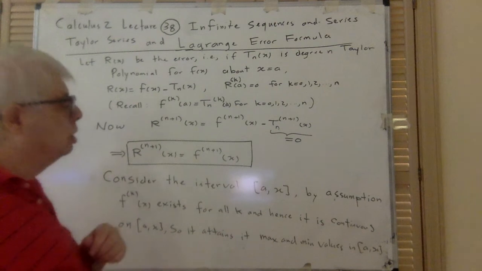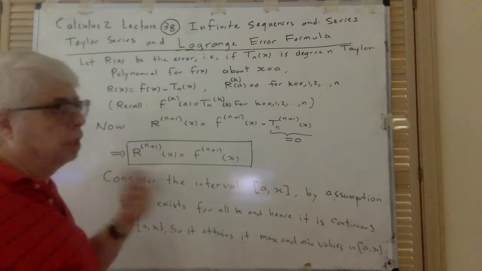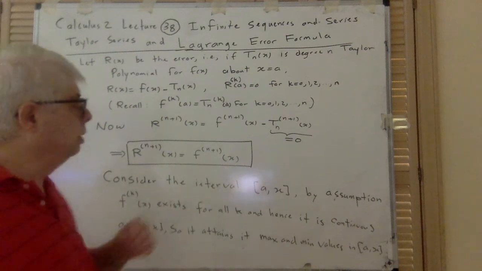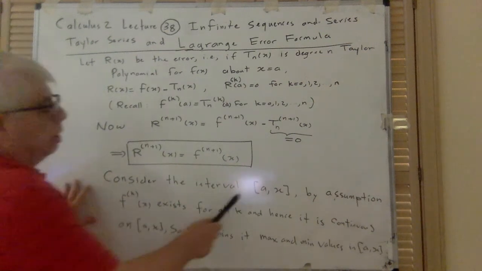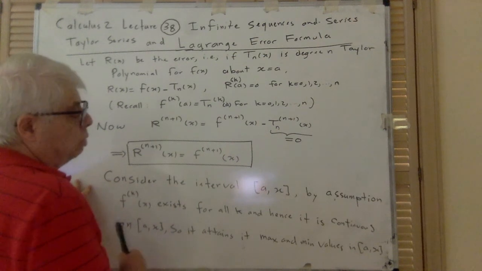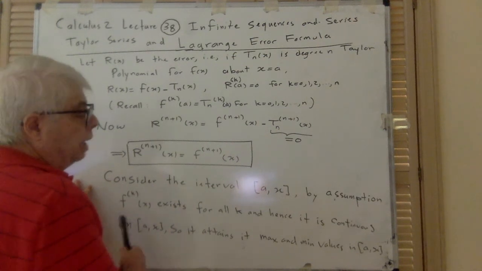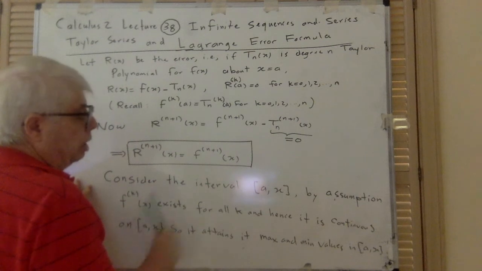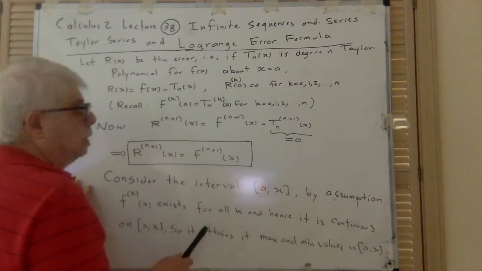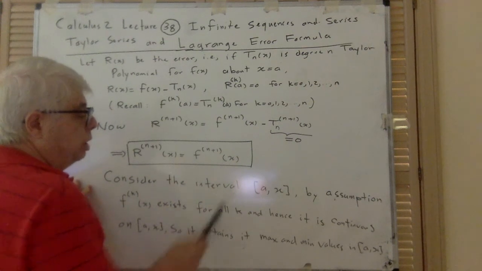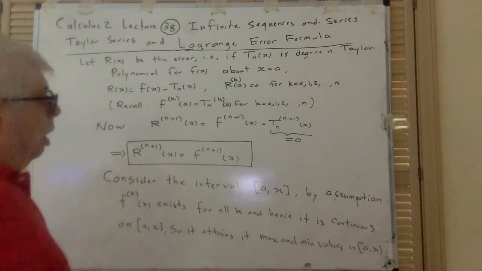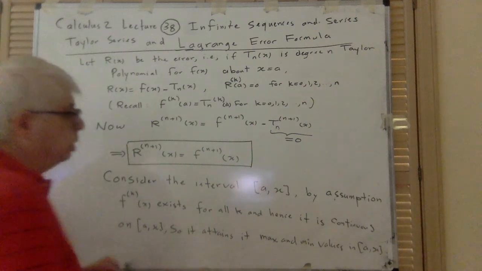This function and its derivatives not only exist, but they are continuous about a. So in this interval, which is closed, by the maximum value theorem, it attains both its max and min. That's what I have written here.